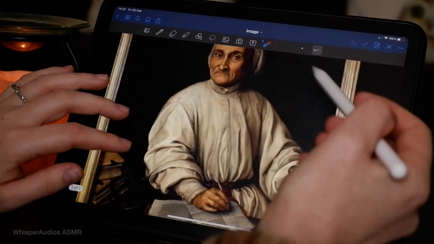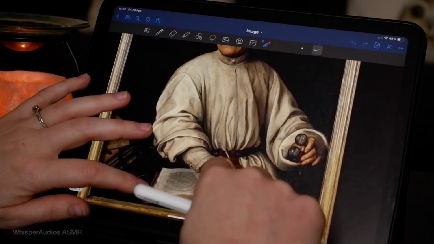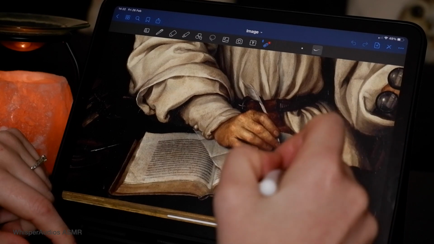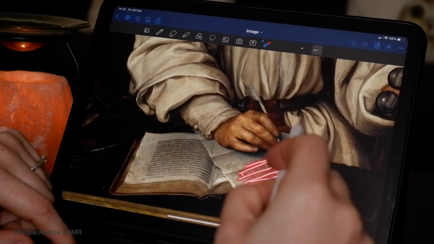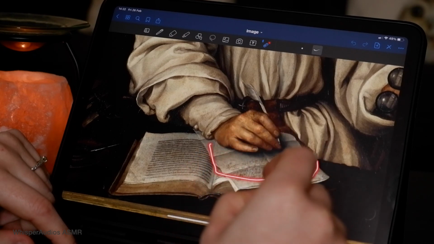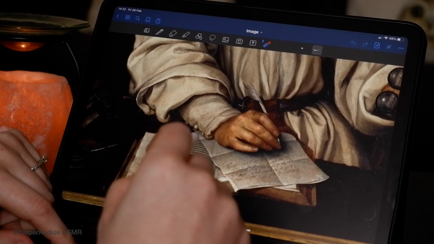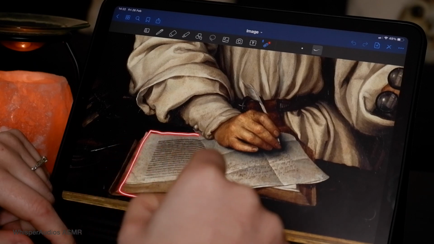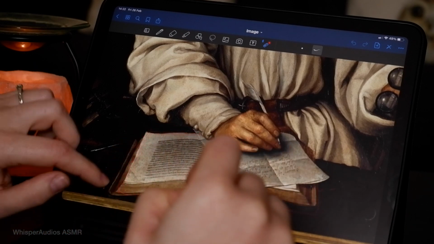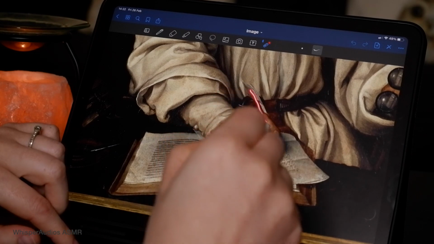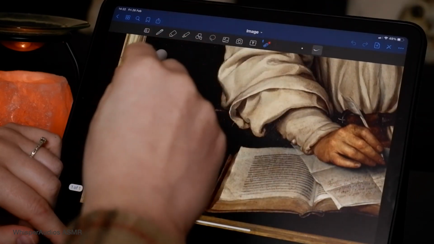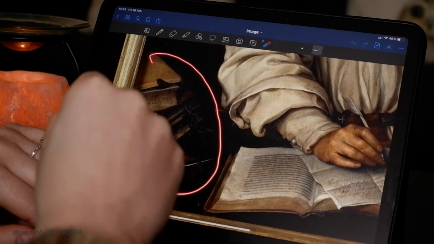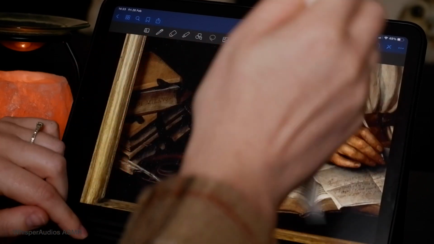As you can see, he is writing words on some paper. There is a book under him. He's holding a quill in his hand. There are some books here on the side of him.